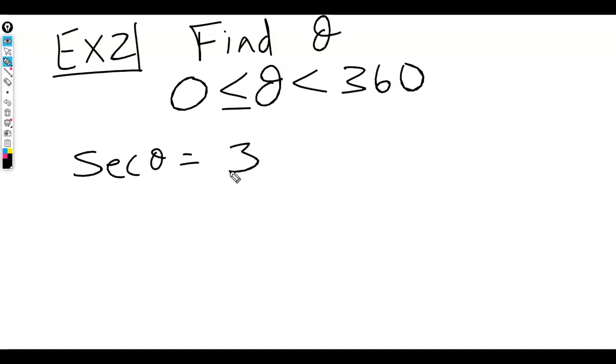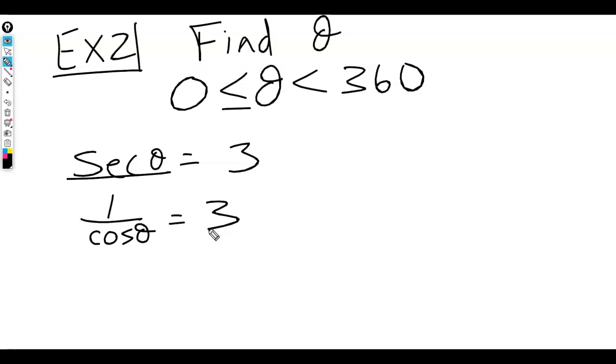Well, we learned how to solve problems with secant before, and the way that we dealt with it was we started by remembering that secant is the reciprocal of cosine. So I can just rewrite secant as 1 over cosine, first of all, because that's what secant is. Then the next thing that we can do is flip both sides over.